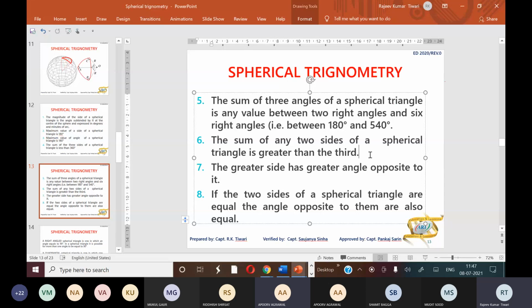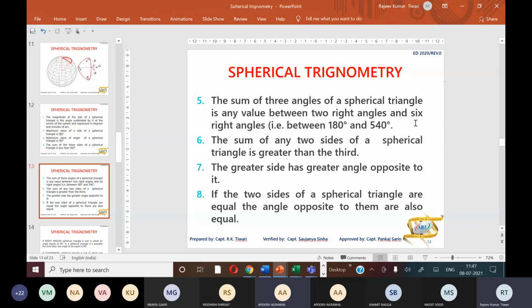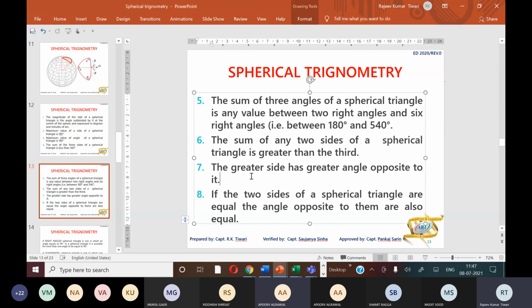One thing also remember: the sum of any two sides will always be greater than the third side. And of course, a greater side has a greater angle opposite to it.